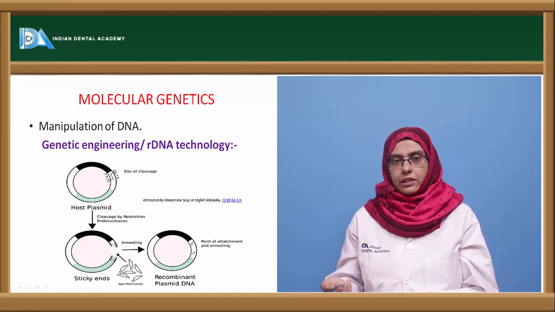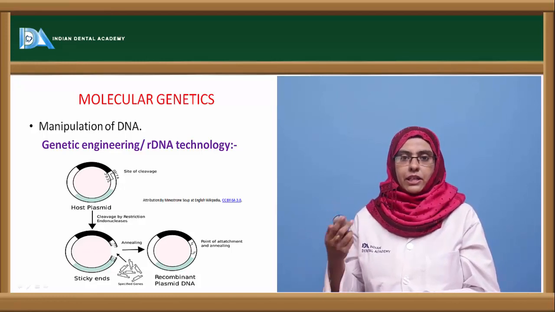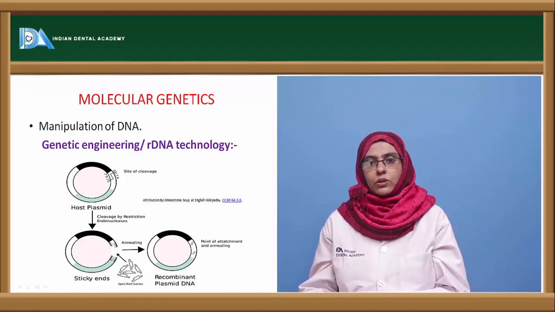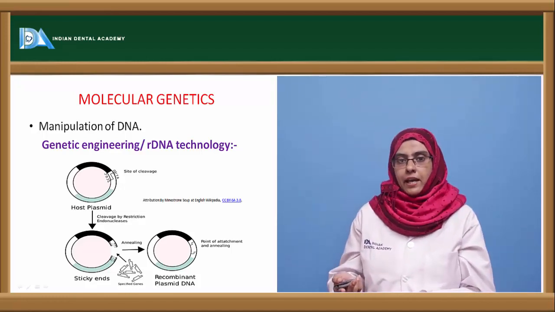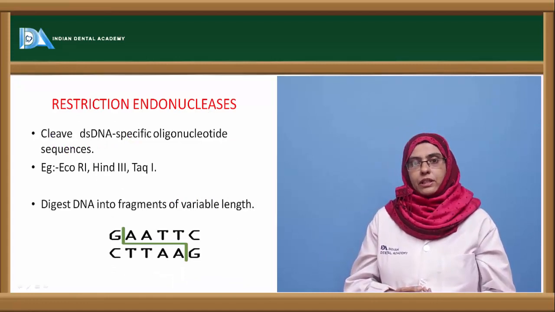So first, isolate, then cut with the help of restriction endonuclease, integrate into the vector to form a recombinant DNA, transform into the host cell, that is the bacterial cell, and ultimately amplify or produce your product.